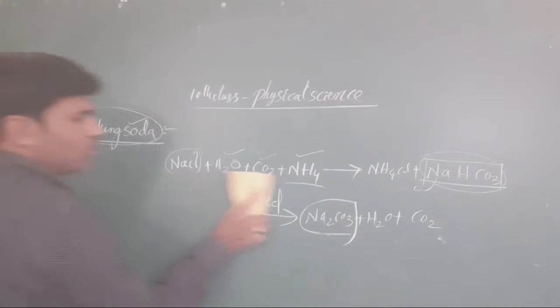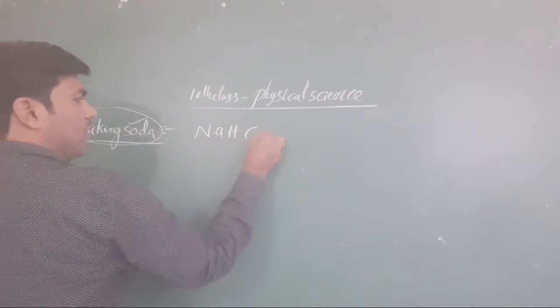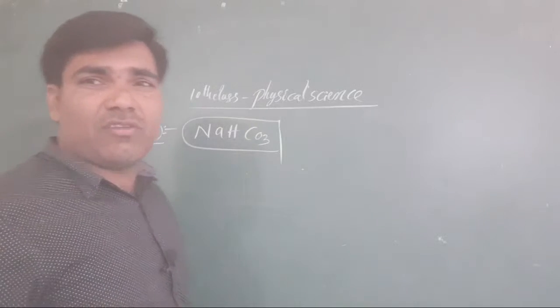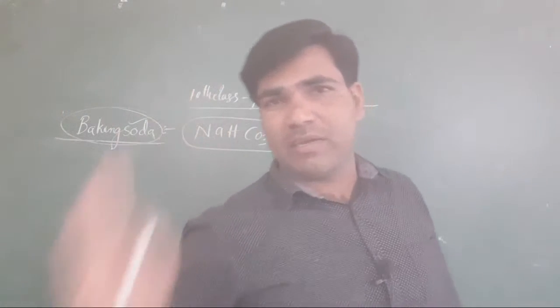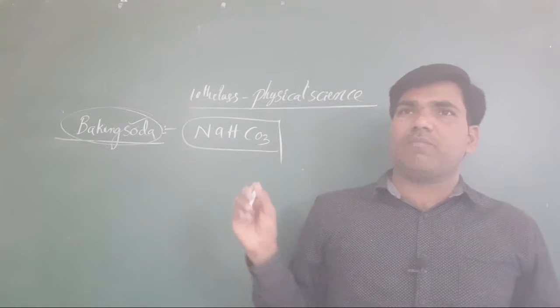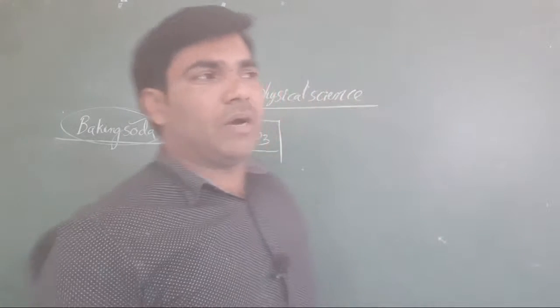This is about baking soda reactions generally. The formula is very important, the chemical reactions are very important, its basic nature is also important, and sodium carbonate generation is also important.